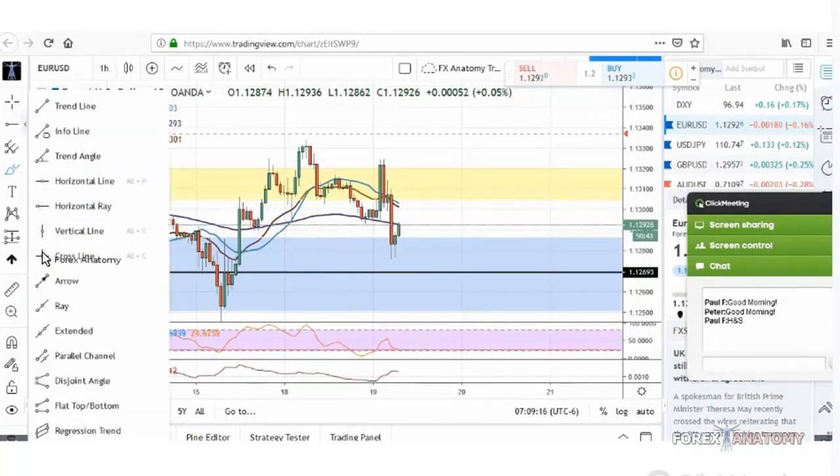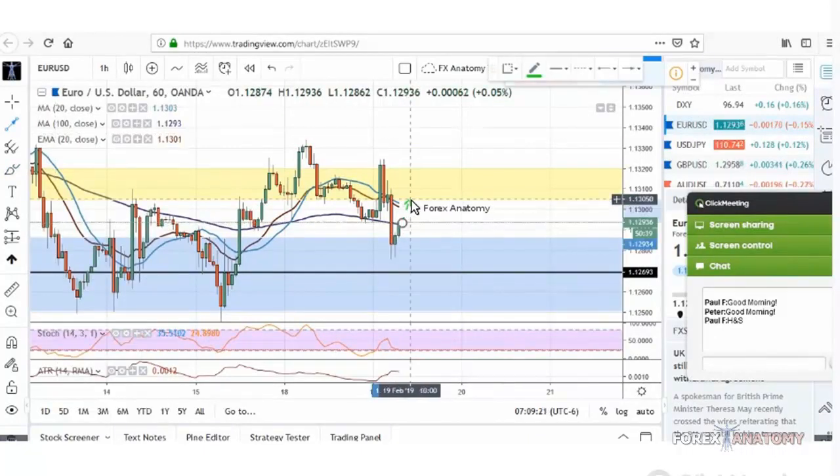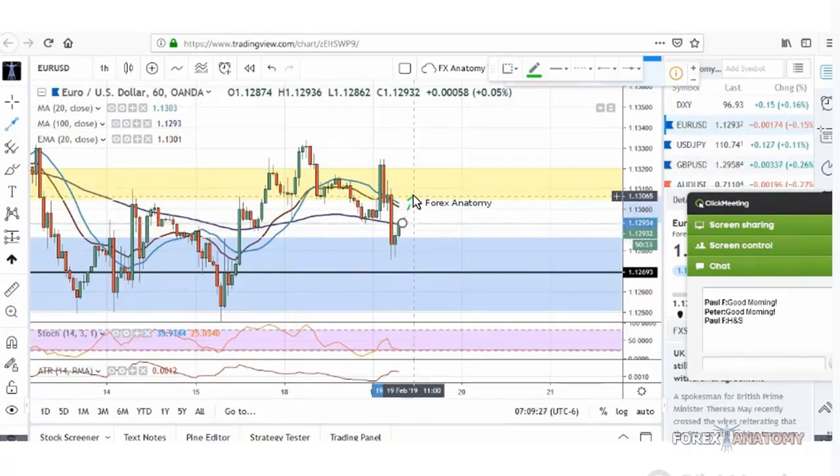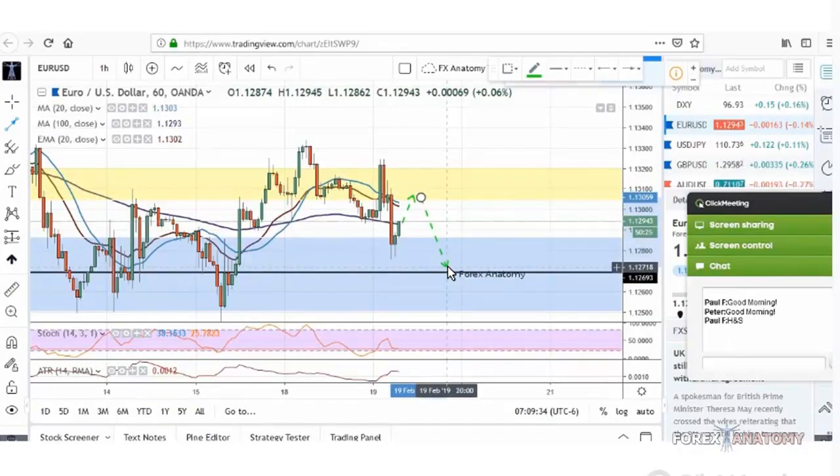Let me just share with you guys what we could potentially see. We could see price push higher up into this area right here. It could correct a little bit higher, and then from there, we could see price slide a little bit lower and retest this area right here, where this line is.